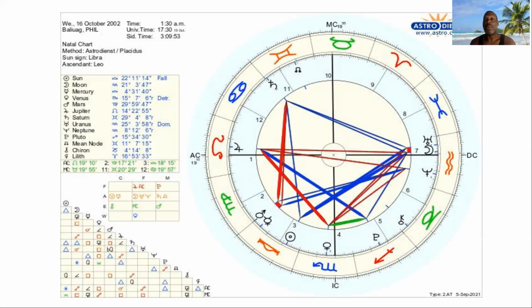We can use that question to see if the issues related to it are in a state of advancement, meaning angular or succedent, or in a state of retreat.